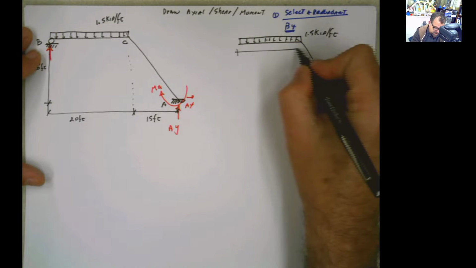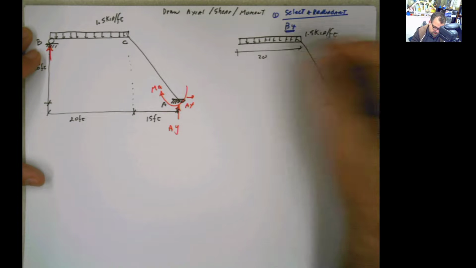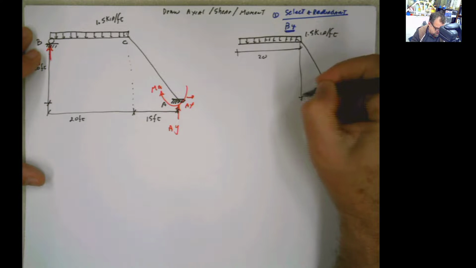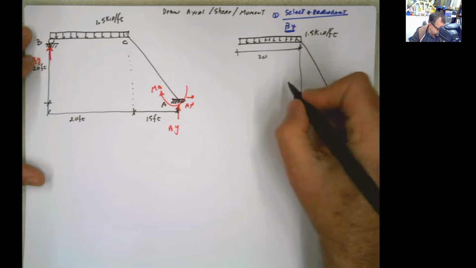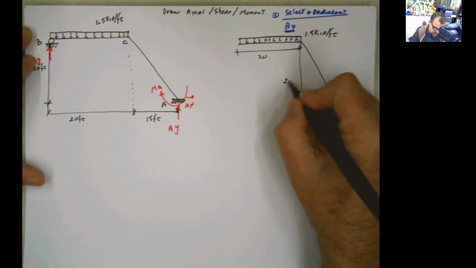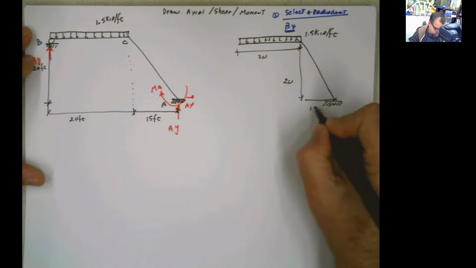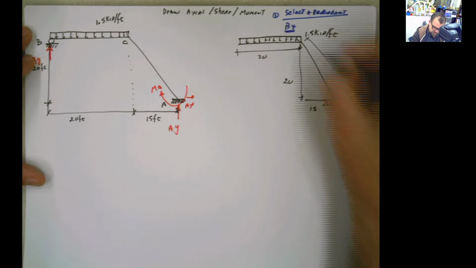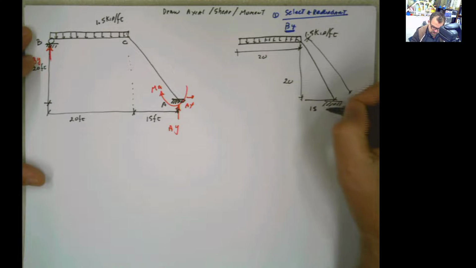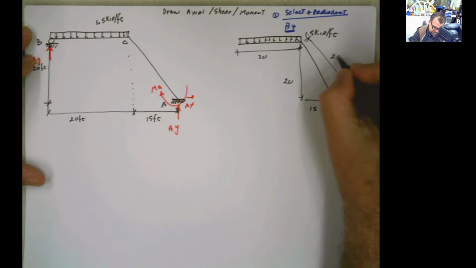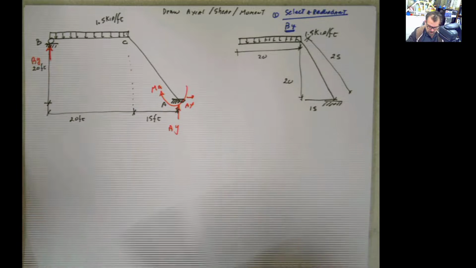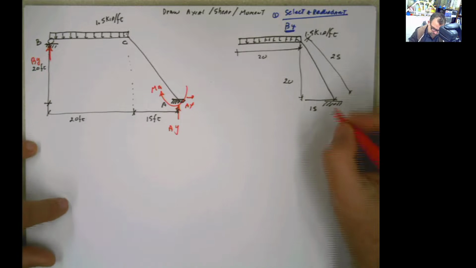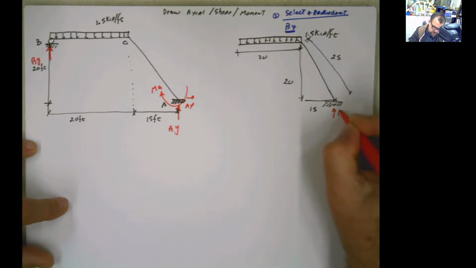Same distances, same everything. This is 20, this distance here is 20, and this is 15, meaning this distance here is 25. 25 feet. And based on that, we proceed to calculate the reactions in our primary structure.